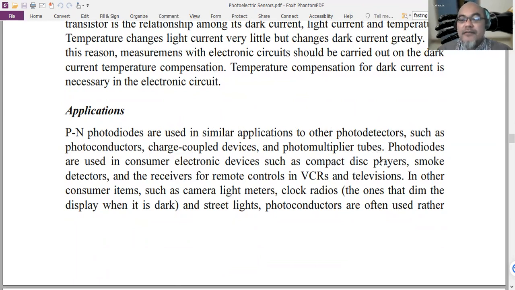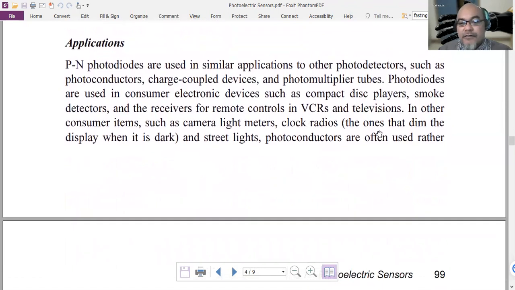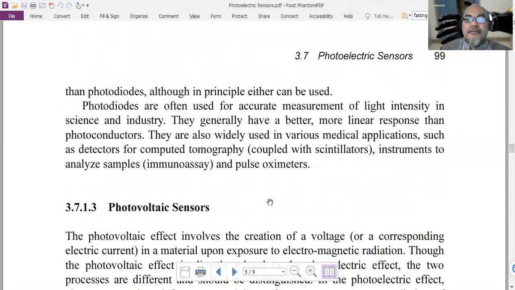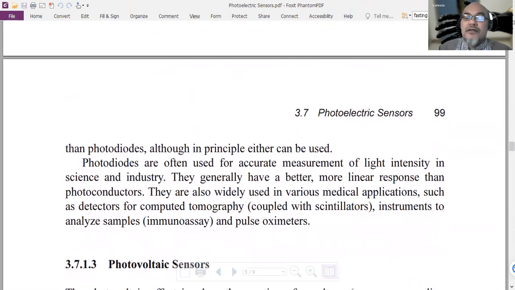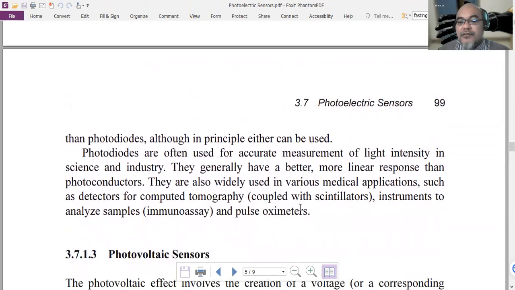Consumer devices, compact displays, smoke detectors, receivers for your remote control, and other applications of light detection, pulse oximeters, also for computed tomography, coupled with a scintillator to detect the incoming X-ray radiation.